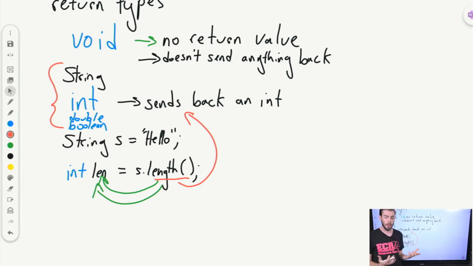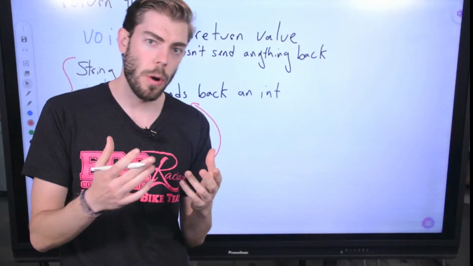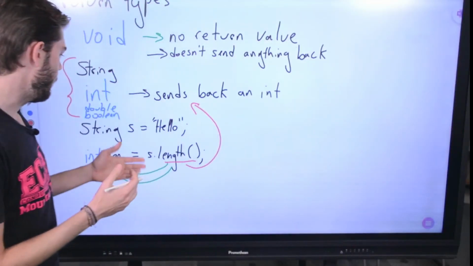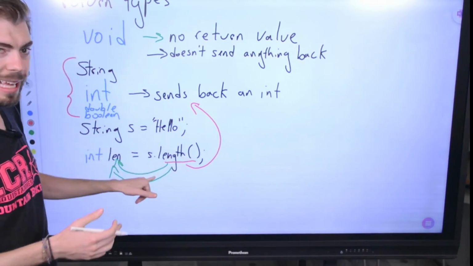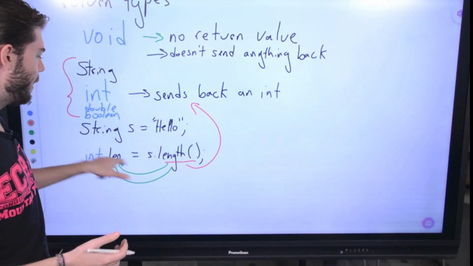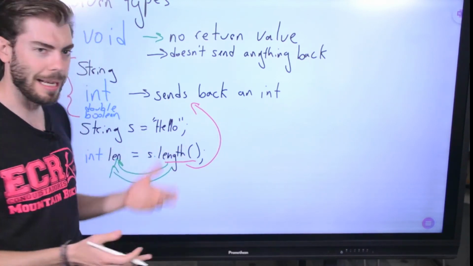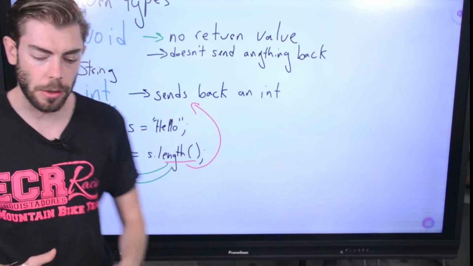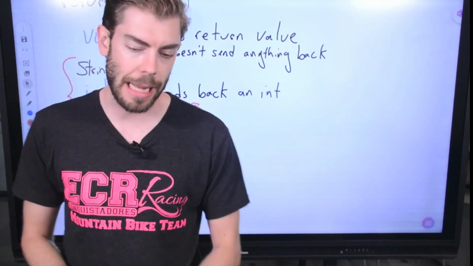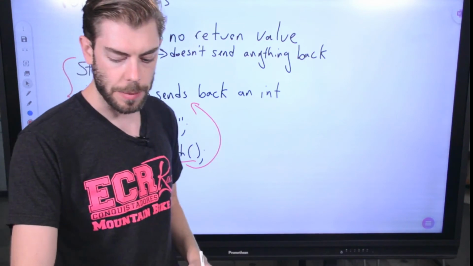How do I know what something is supposed to do when I first get a class, especially if it's from a library or from a package? How do I know how length works? How do I know that it returns an integer? I can't just write it and try to guess. I need to know. So this is where documentation really comes in.